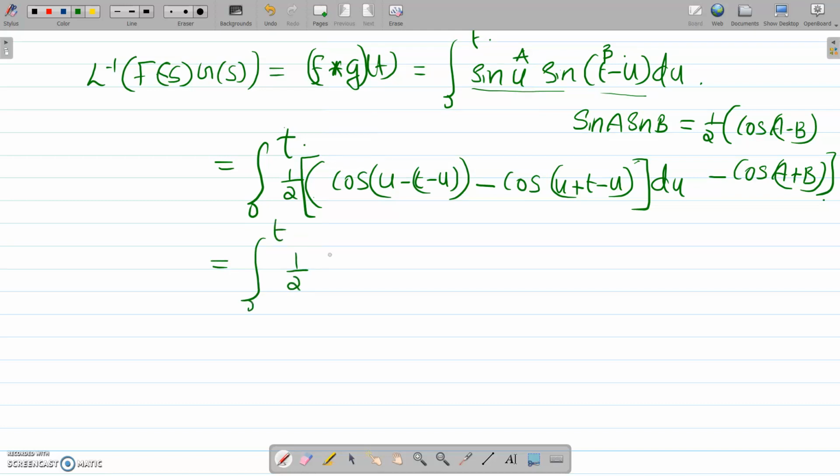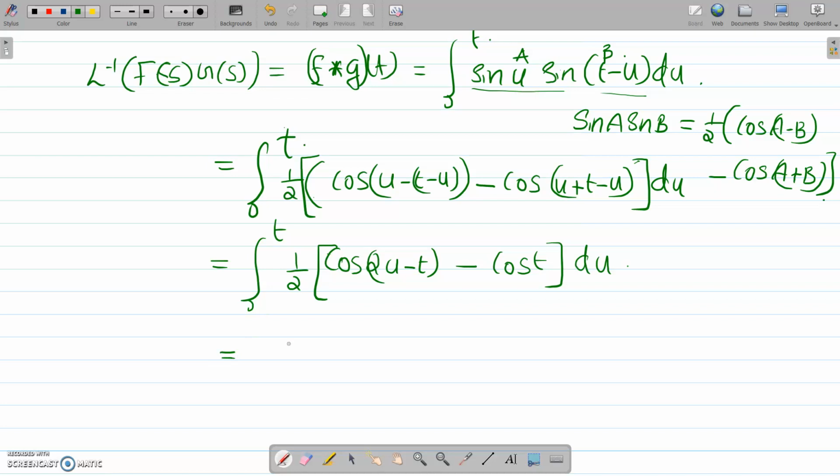This is equal to 1 by 2 into cos of 2u minus t minus cos of t, du, since minus minus becomes plus.